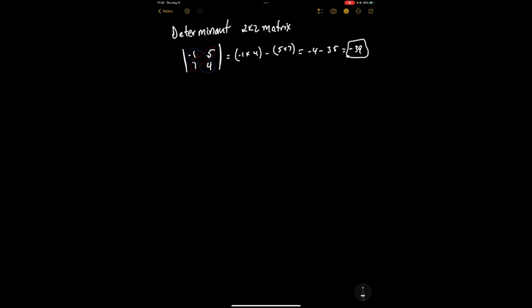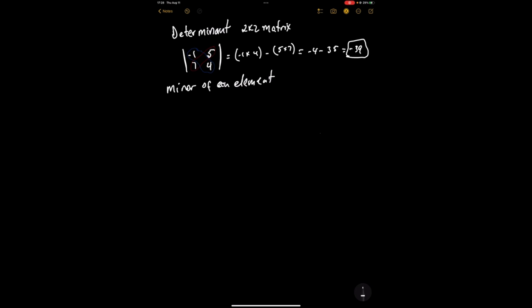Second thing we're going to talk about is the minor of an element. Now, this one is usually used in a 3 by 3 matrix.